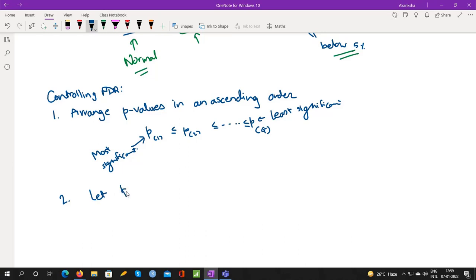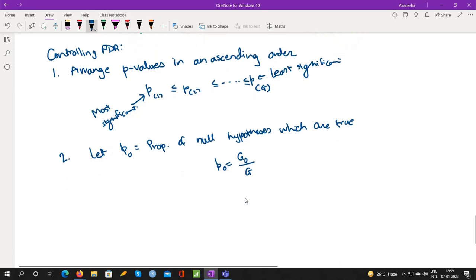Let p naught be the proportion of null hypotheses which are true. So p naught is actually G naught upon G. Of course, this is unknown in almost all the cases.